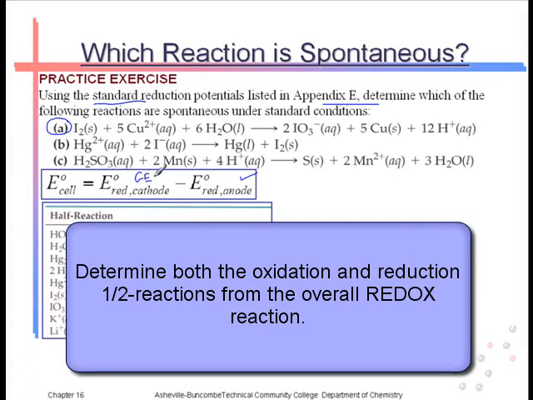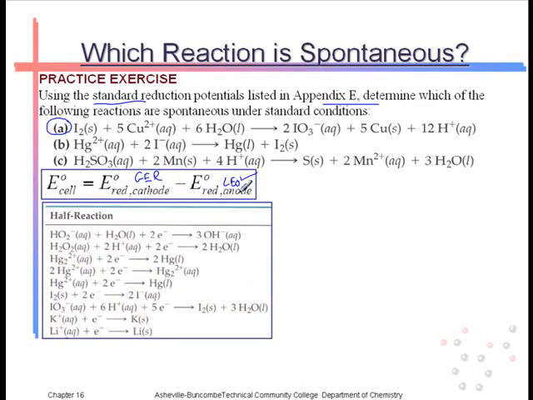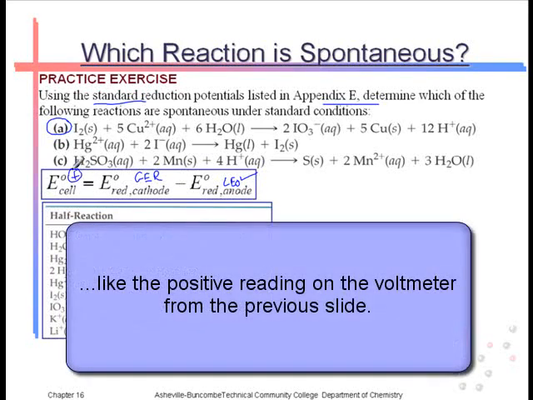Remember, that would be the reduction reaction, and the oxidation reaction is happening at the anode. If you can identify which is the LEO and which is the GER in here, and then pick them out on this chart, then you're just plugging and chugging into a fairly simple equation to calculate the E° cell. And if this is positive, that tells us ultimately whether we have a spontaneous reaction or not.